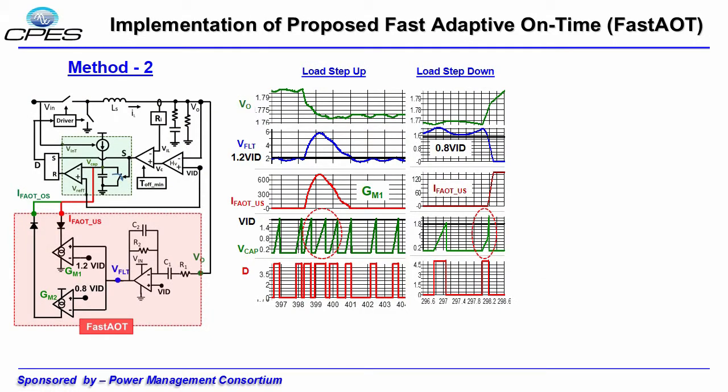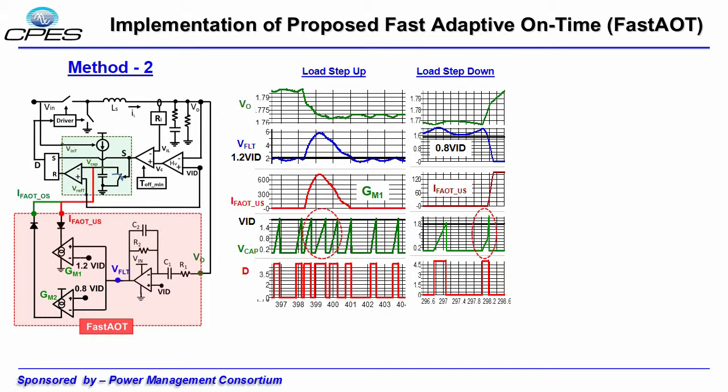Here we propose another implementation of our proposed concept. In this second implementation of the proposed fast adaptive on-time control, we use current instead of voltage to change T-on. In this case, we use the filter output converted into current by two GM amplifiers.